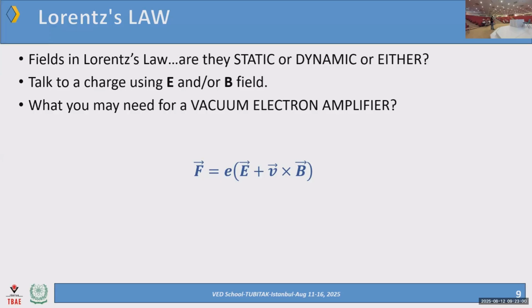We will expand this discussion to our vacuum devices. So the Lorentz force law can be used in static field or dynamic field, or either of them. And the charges, of course, have their electric and magnetic field character. And vacuum amplifiers basically manipulate around this equation.